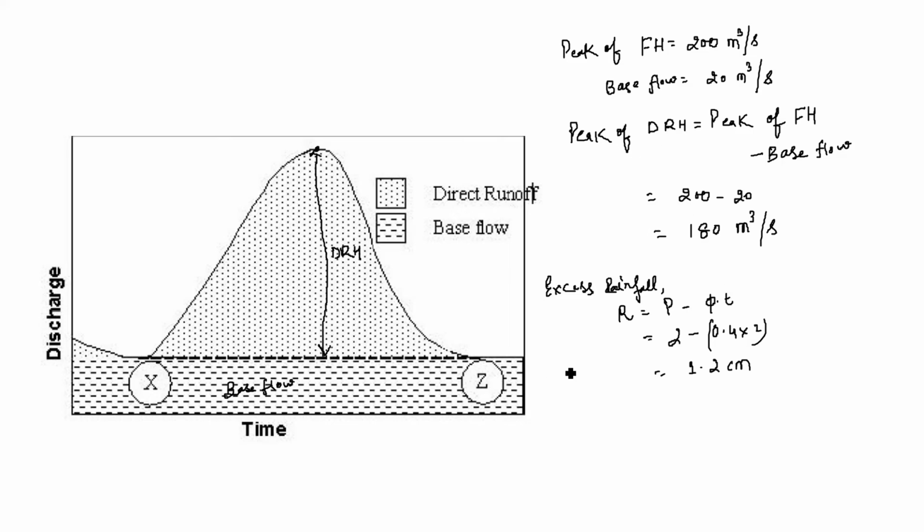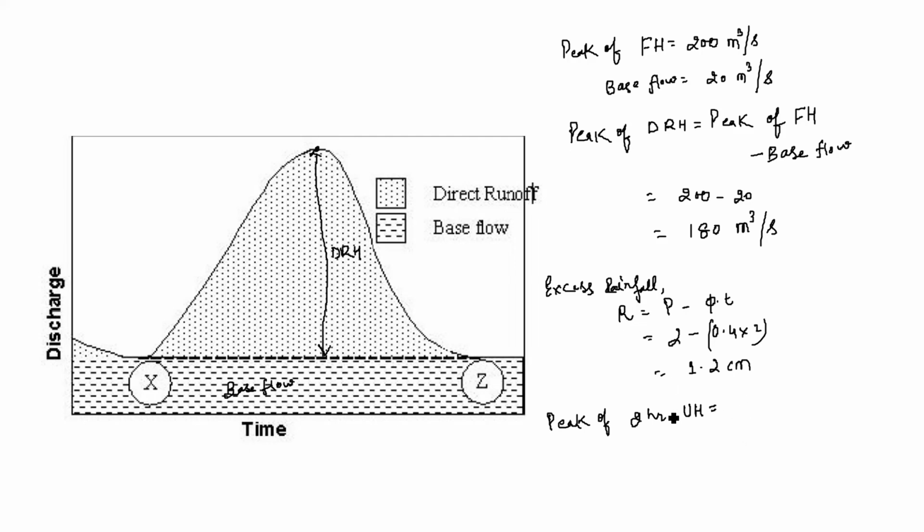Now, corresponding to this storm, we need to find the peak of 2-hour unit hydrograph. So we have the peak of DRH and corresponding to this storm, we have the value of excess rainfall depth, that is runoff depth.